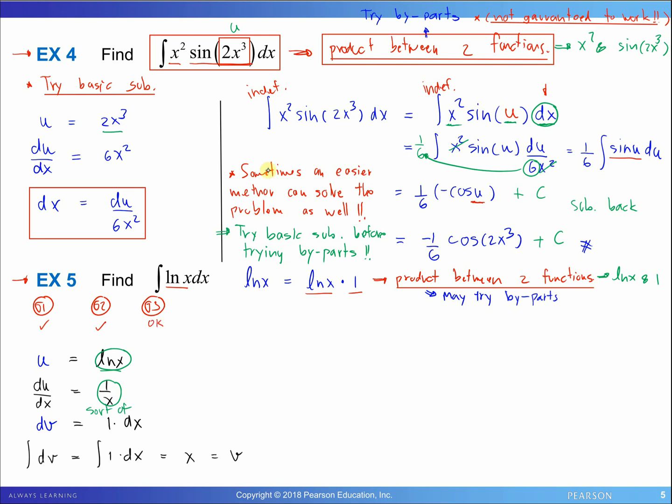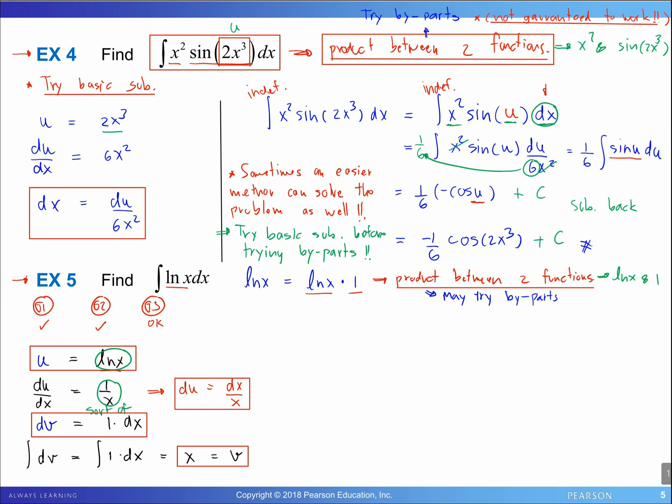With this, we also know that du is going to be equal to dx over x. And now we know that u is equal to ln x, du equal to dx over x, dv equal to 1 times dx, or basically dx, and now v equal to x.